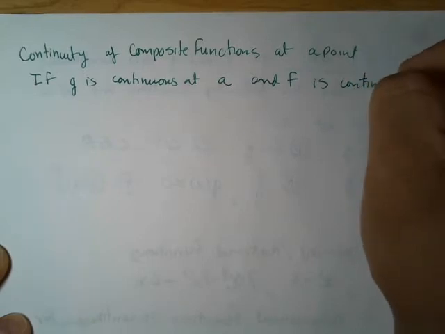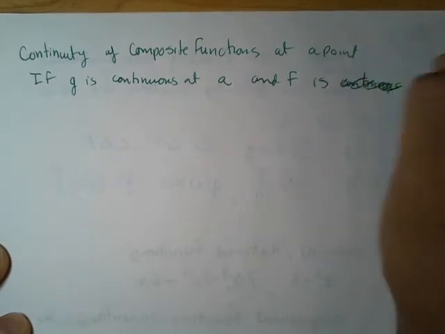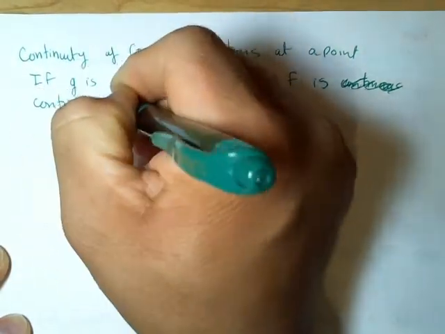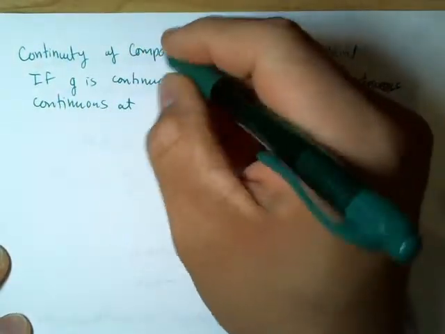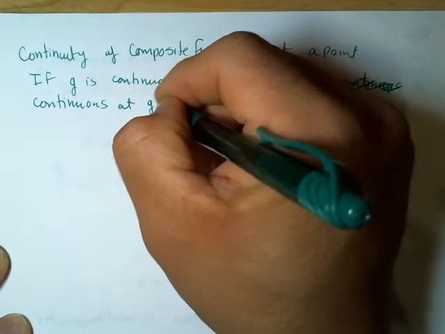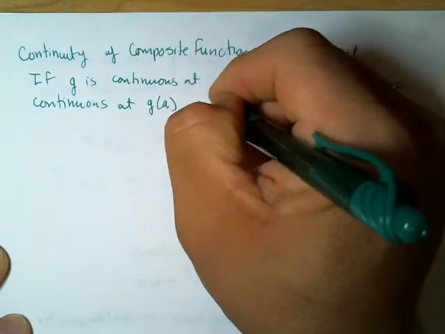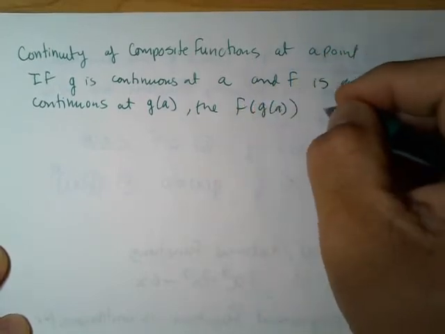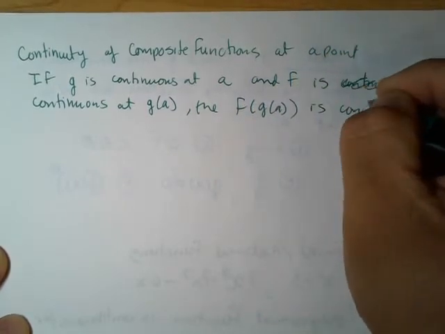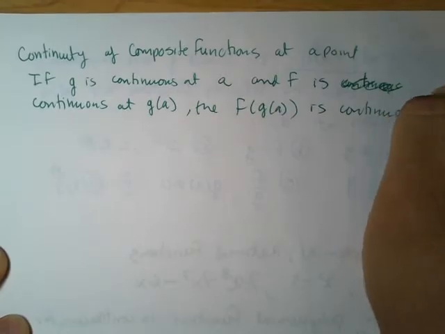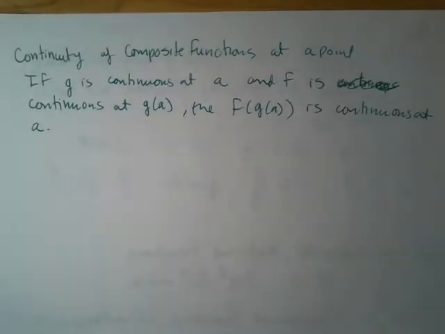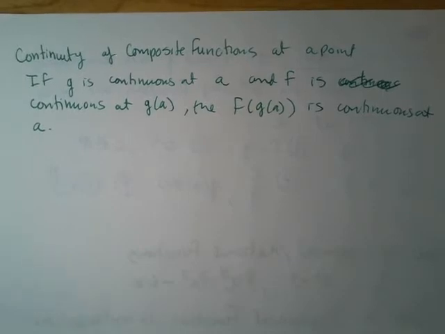If I can remember how to spell continuous at g of a, then f of g of a is continuous at a. Okay, now remember these are different kinds of operations of functions.